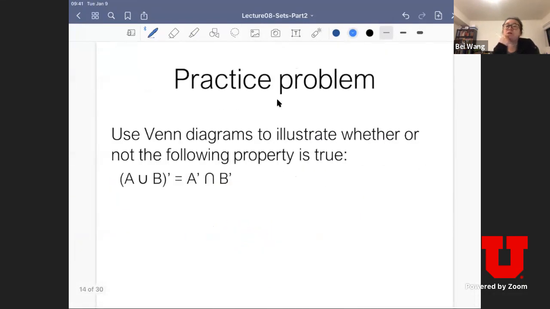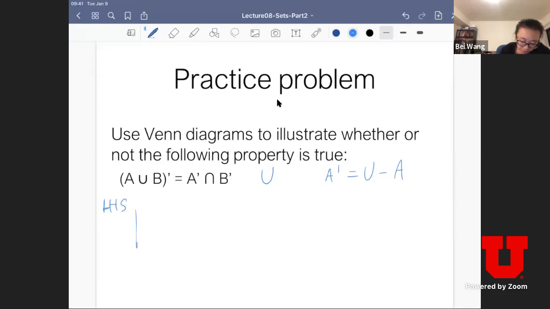All right, let's do another Venn diagram. I'm going to do A, B, and play with the complement. So recall the complement: if U is my universal set, then A complement is equal to U minus A. Okay. So first of all, on the left-hand side, we're going to do A union B complement.